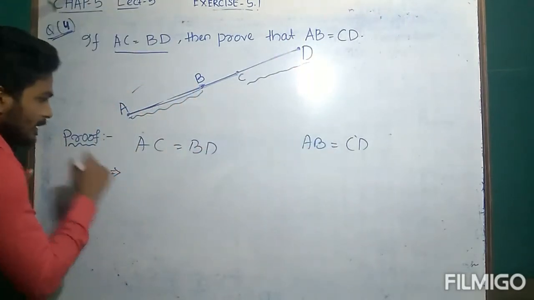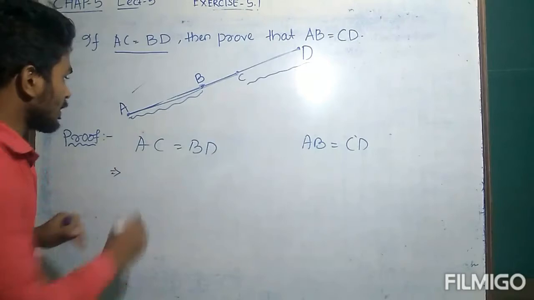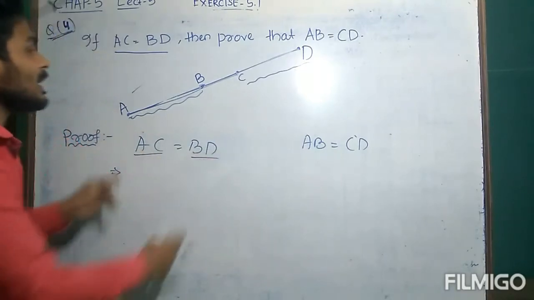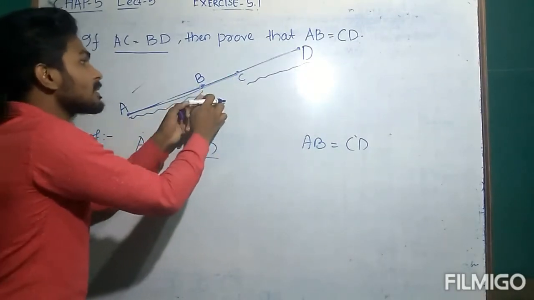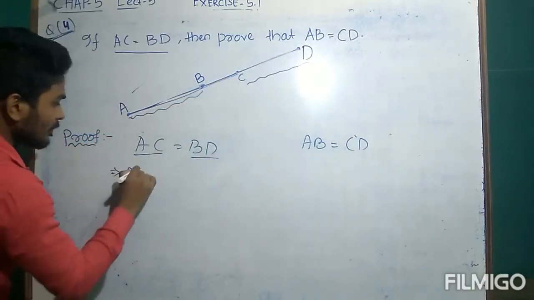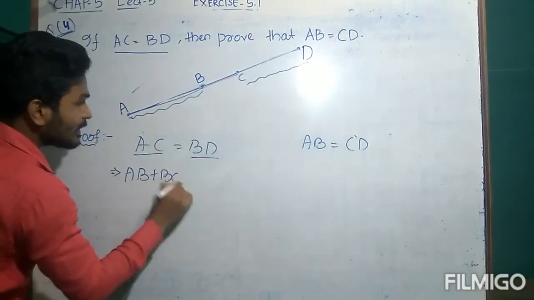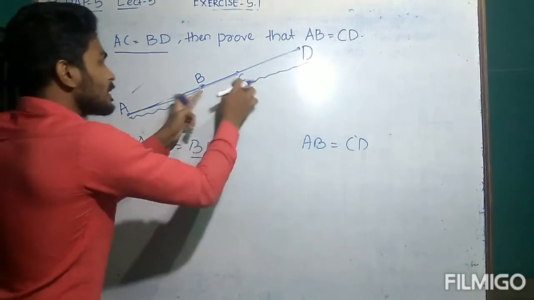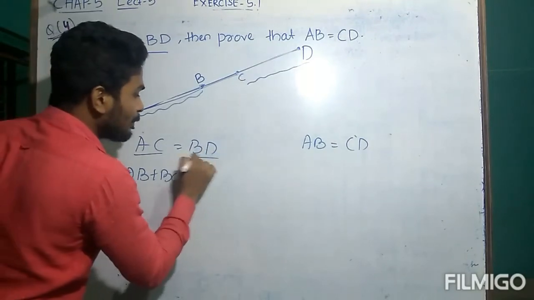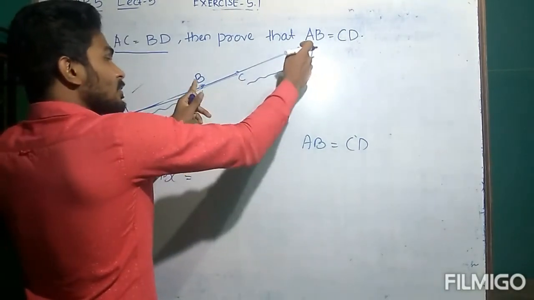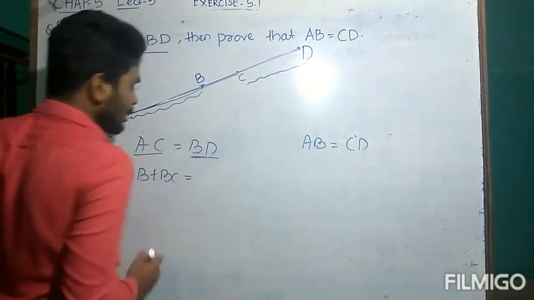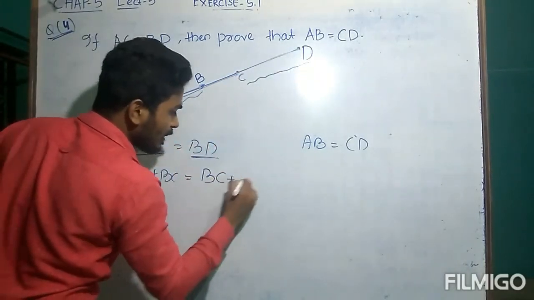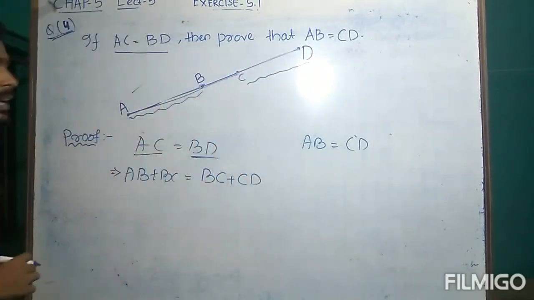So see, from the condition, it is given that AC is equal to BD. AC we can write as AB plus BC. Similarly, BD we can write as BC plus CD. So AB plus BC equals BC plus CD.